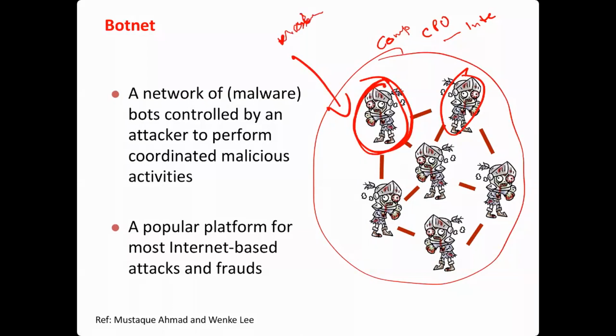And the number of such bots can be in the millions under the control of a bot master. Now this bot master can give instructions to the bots to do something, for example, a distributed denial of service attack.